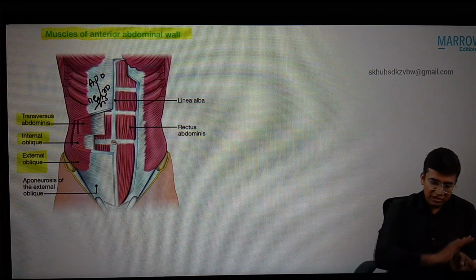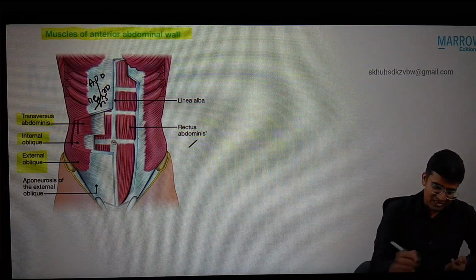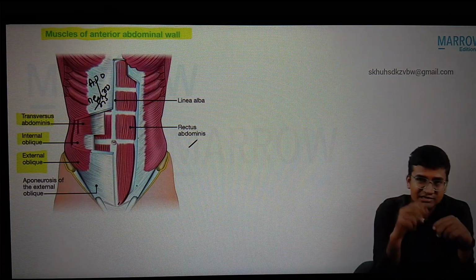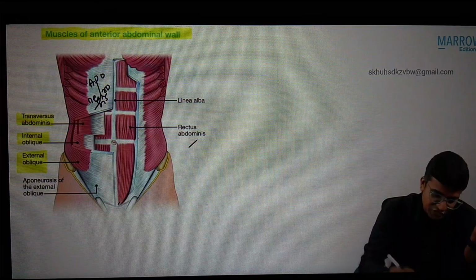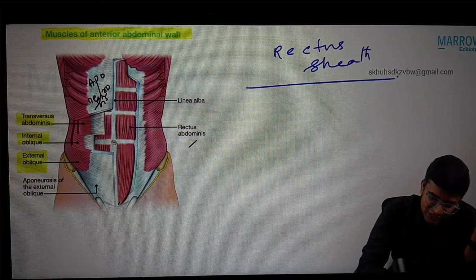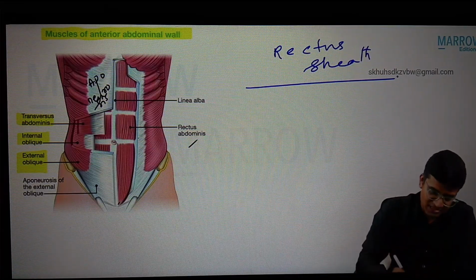Now, what do they do? They form one sheath. That sheath covers the rectus abdominis muscle, pyramidalis muscle, and it also contains some arteries. That sheath is called the rectus sheath. The rectus sheath is formed by the aponeurosis of anterior abdominal wall muscles.